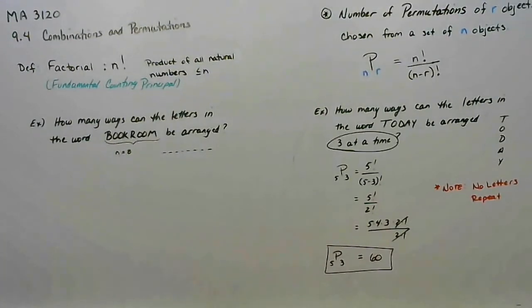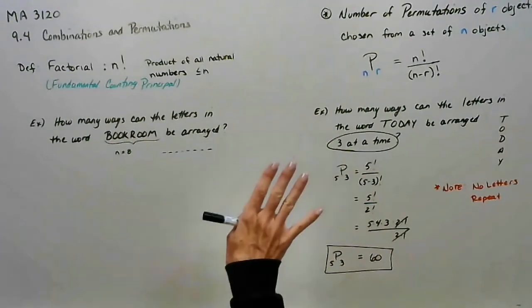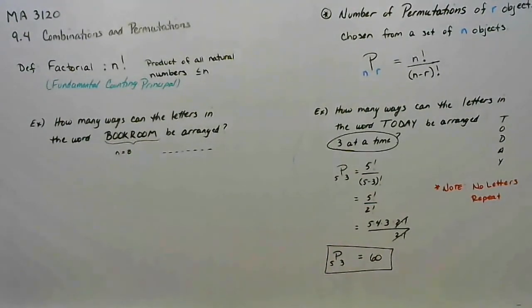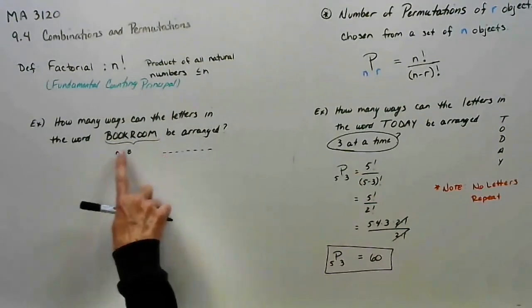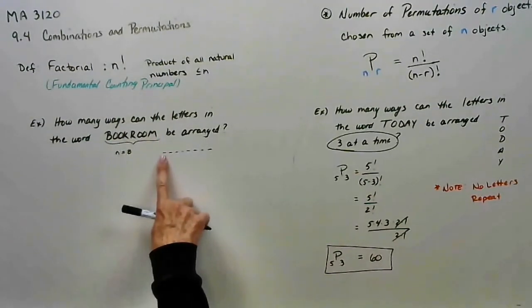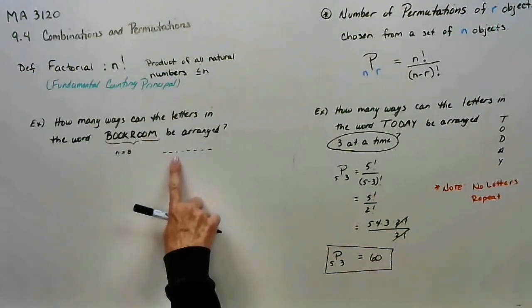So I'm still going to go with the idea of a permutation, but the easiest way for me to do this is to just write it out and explain my thinking. Since I know I have 8 letters, if these were all different, I would have said there are 8 to choose from, and then 7, and then 6, etc., like we did earlier.